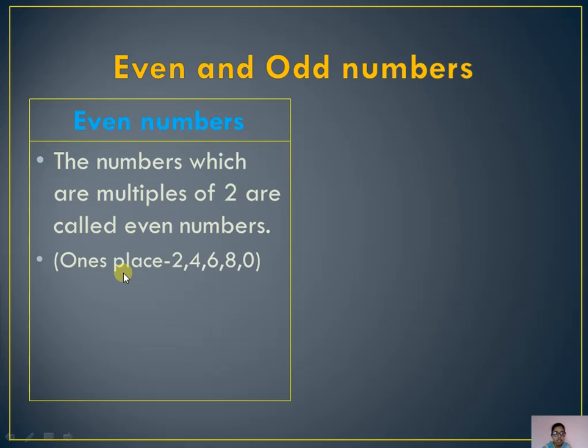Or we can say the numbers whose ones place is either 2, 4, 6, 8 or 0, they are even numbers. For example, 8, 22, 34, 60, etc. are even numbers.